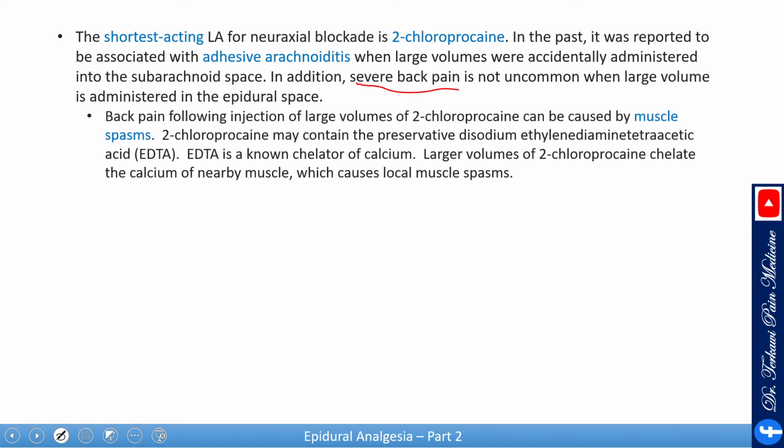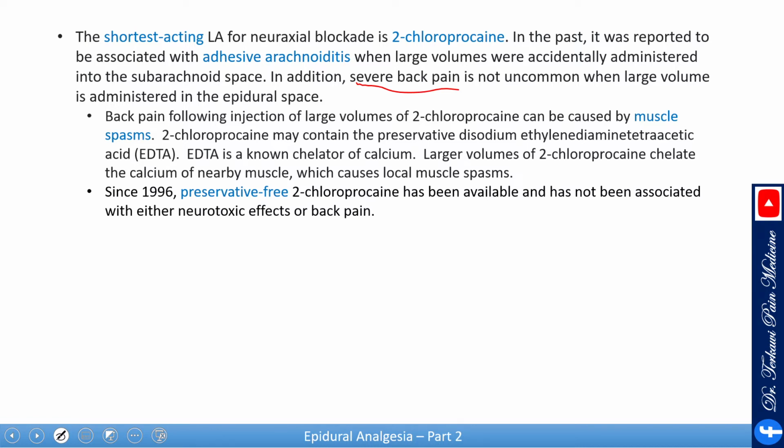Back pain following injection of a large volume of 2-chloroprocaine can be caused by muscle spasm because it contains the preservative EDTA, which is a chelator of calcium. So a large volume can chelate the calcium of the nearby muscle, which causes local muscle spasm.